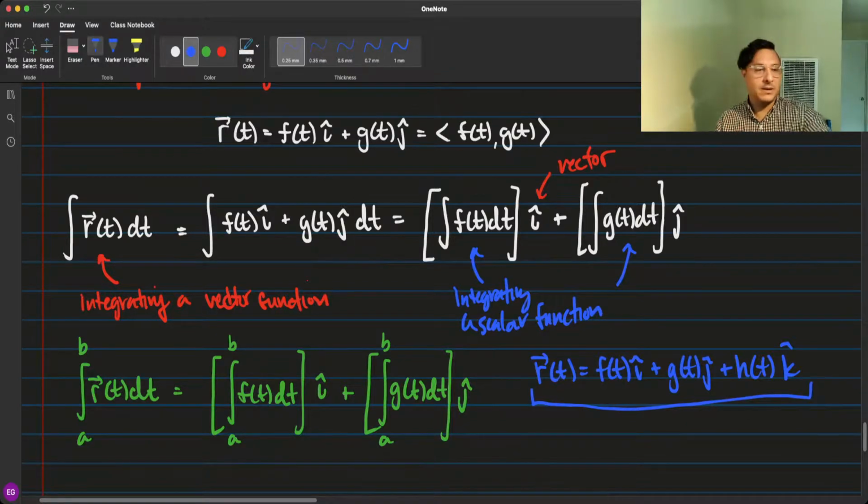Do you see how in the first example I had 2 components, an i component and a j component, and you got 2 integrals with an i and a j? If you have a vector in space with 3 components, how many integrals are you going to end up with? 3, an integral for i, an integral for j, and an integral for k. Yeah.